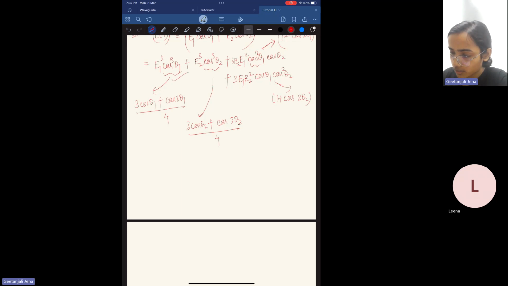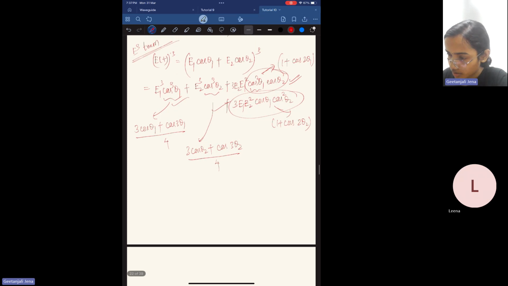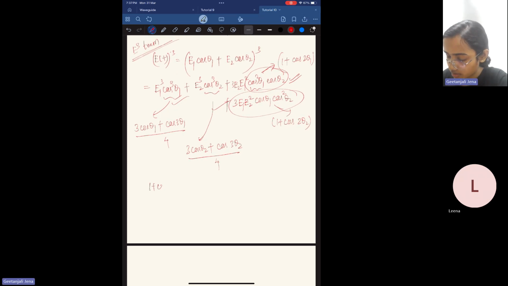Okay, so this is already sorted out. We only need to see what the terms will be for this. So let us see this first, which has 1 plus cos 2 theta 1 times cos theta 2.